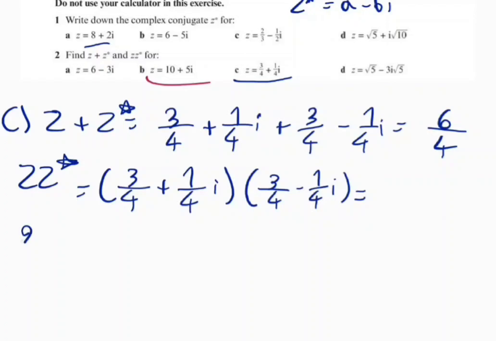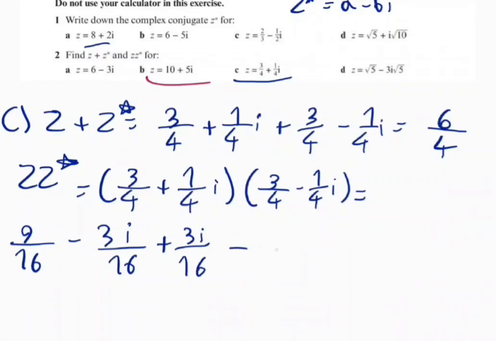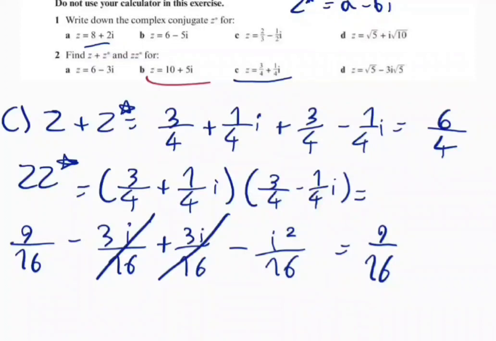So we get 9 over 16, then minus 3i over 16 plus 3i over 16, and finally minus i squared over 16. So we have 9 over 16, these two terms add up to 0, then minus i squared over 16 is basically minus minus 1 over 16, which is plus 1 over 16. And we get 10 over 16.